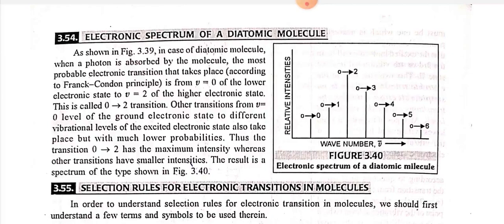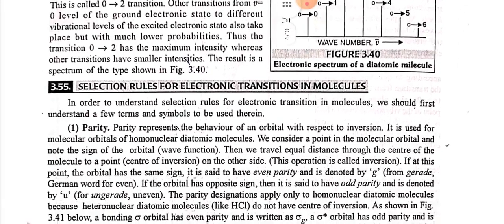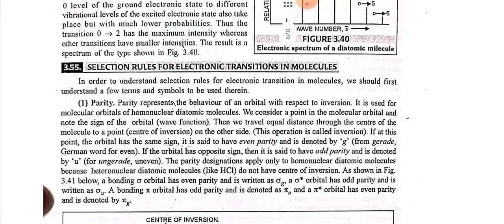Other transitions from the v = 0 level of the ground electronic state to different vibrational levels of the excited electronic state also take place, but with much lower probabilities. Thus, the transition from 0 to 2 has maximum intensity, whereas other transitions have smaller intensity. The result is a spectrum of the type shown in figure 3.40.